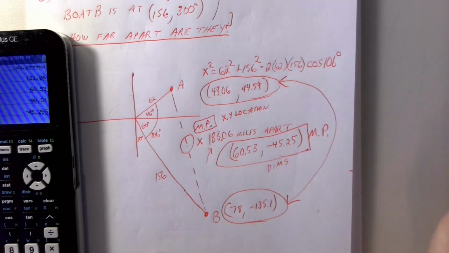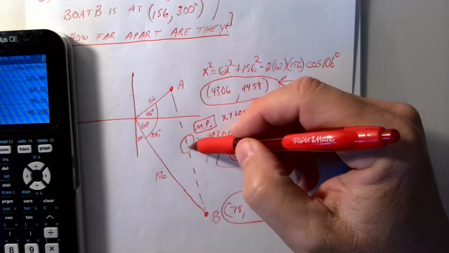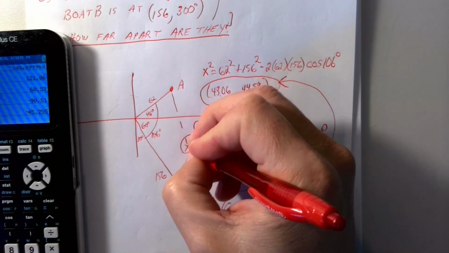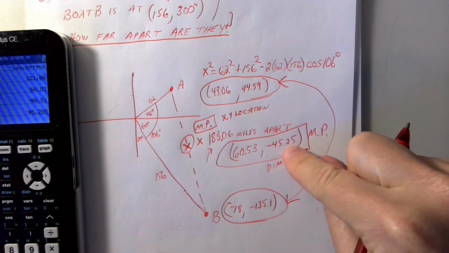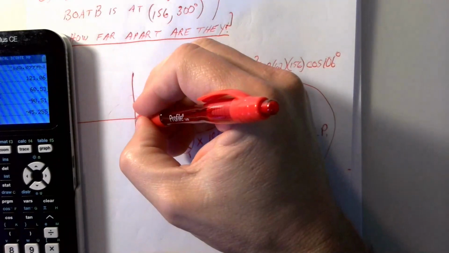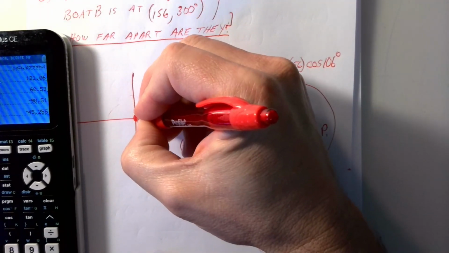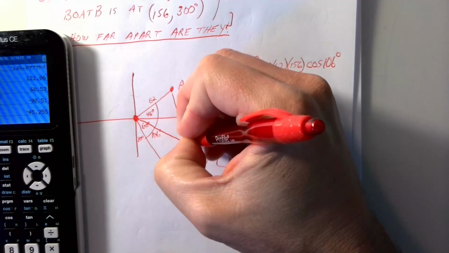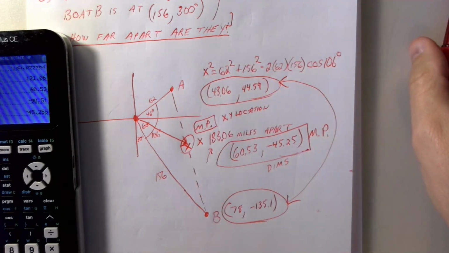So let's say, for instance, that boat A was going right at it, and boat B was going right at it, and they met in the middle. We know where that rectangular coordinate is: 60.53, negative 45.25. The question is, could we now say, hey, we want to send another boat from right here directly to that location to meet them in the middle?